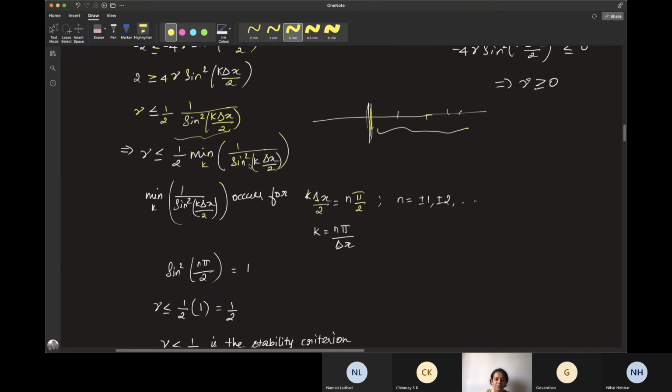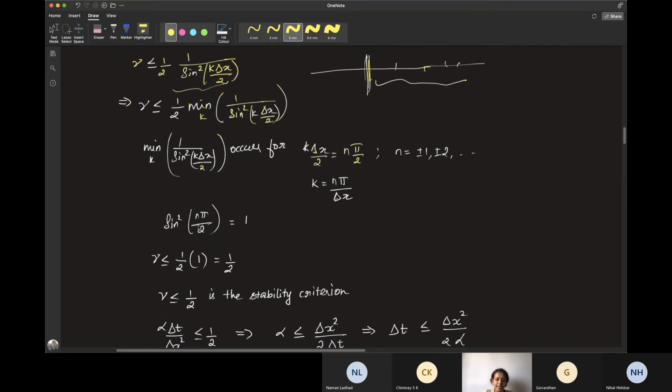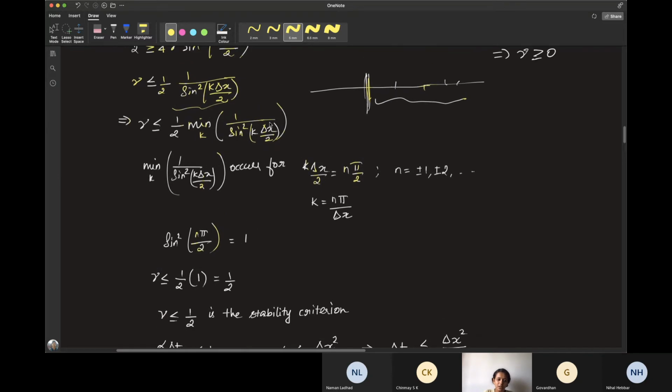Because you know, sine squared n pi by 2 is 1. So when this is 1, this sine squared term will be maximum when you have n pi by 2. Otherwise, it will be less than 1 only. In that case, this term will be bigger.